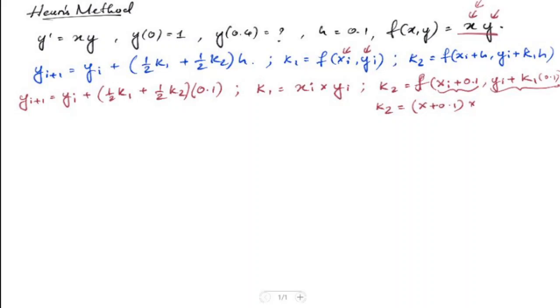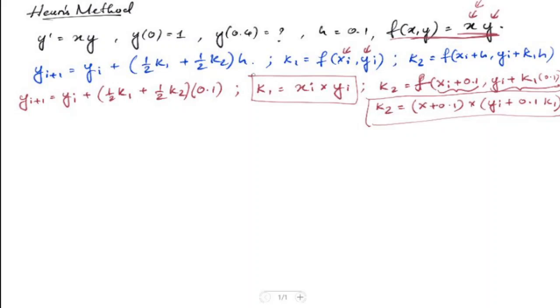So we have the formula finalized for k2, for k1, and for y i plus 1.